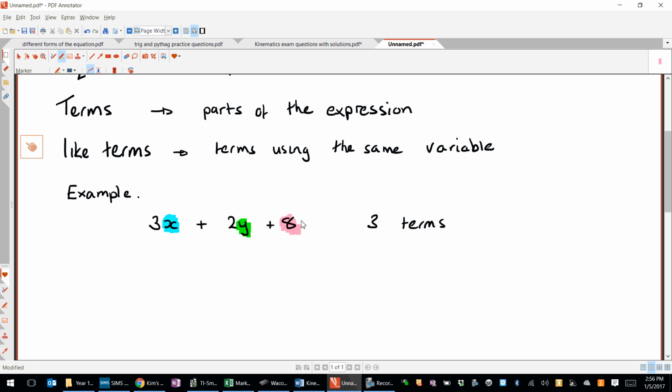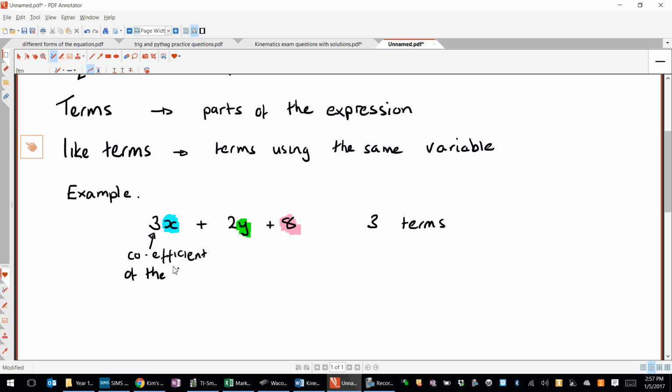Now it's important that we know the difference between the 3 and the 8. The 8 is a number, the 3 is what we call a coefficient of the term.